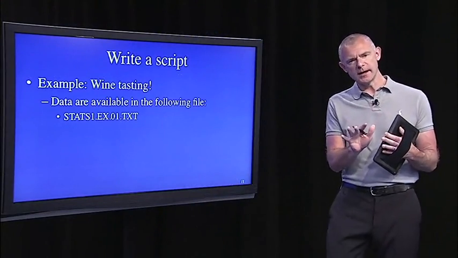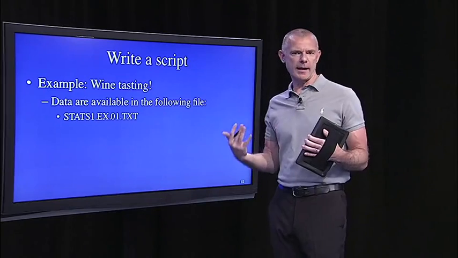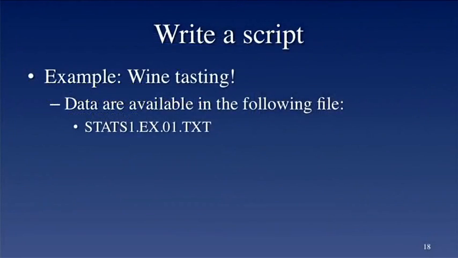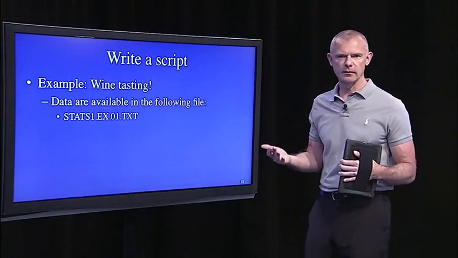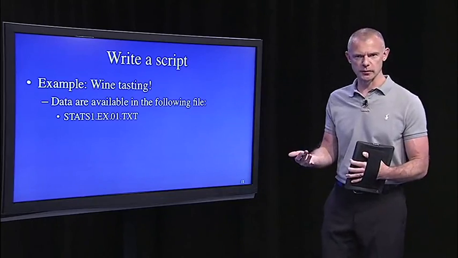So we're going to use the wine tasting example of wine ratings. Remember, in the last lecture, you looked at different types of histograms to get the feel of different shapes of distributions, and we ran descriptive statistics like the mean, the standard deviation, skew, and kurtosis.